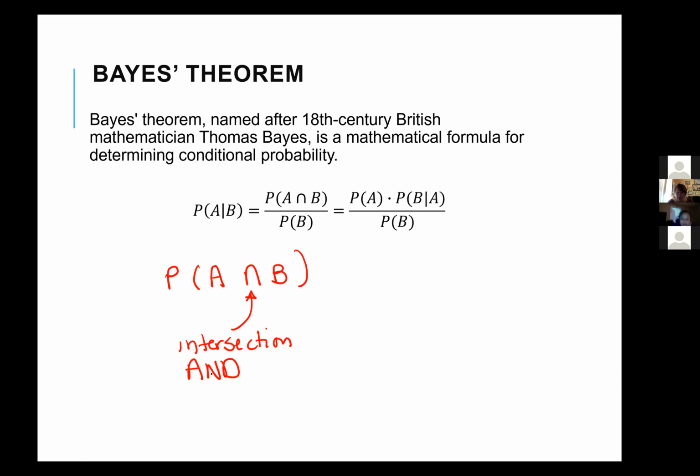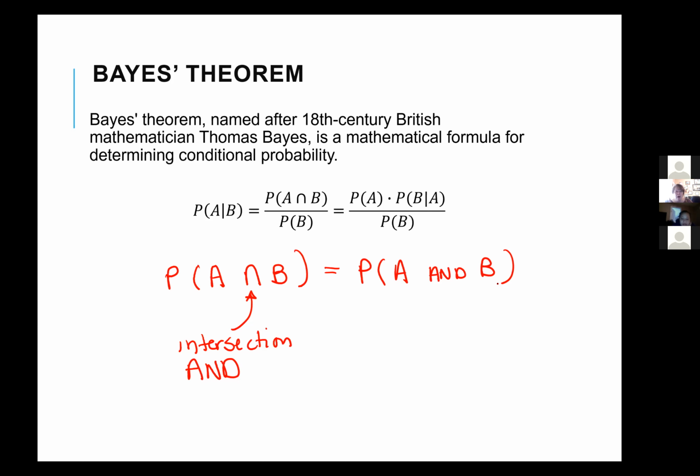So the probability of A intersect B is the same as the probability of A and B occurring. And then you take that probability and you divide it by the probability of B occurring. So the probability of A given B is the probability of A and B occurring divided by the probability of B occurring.